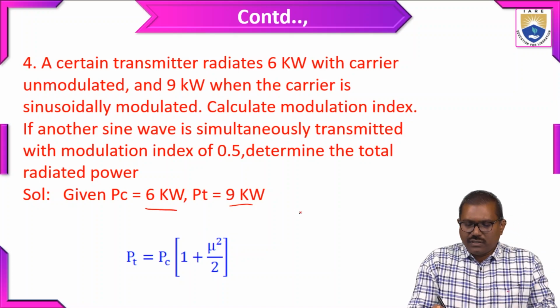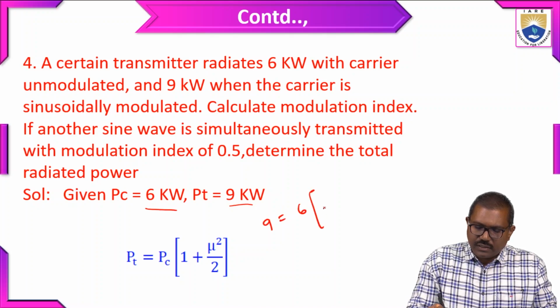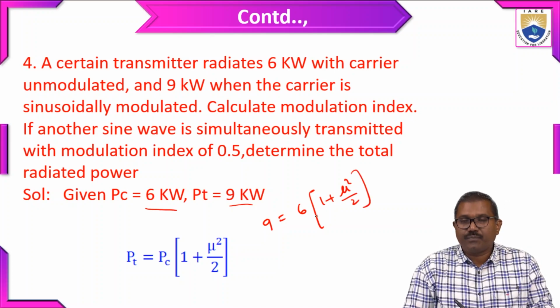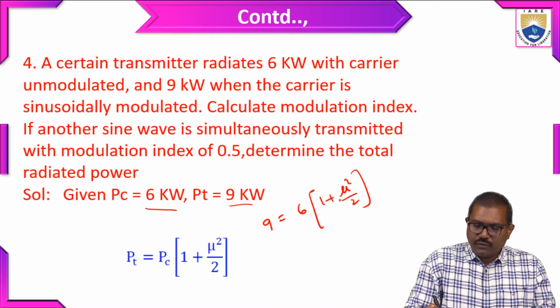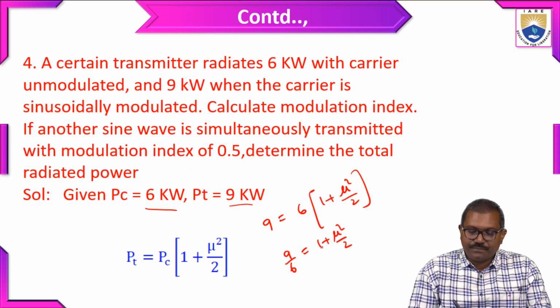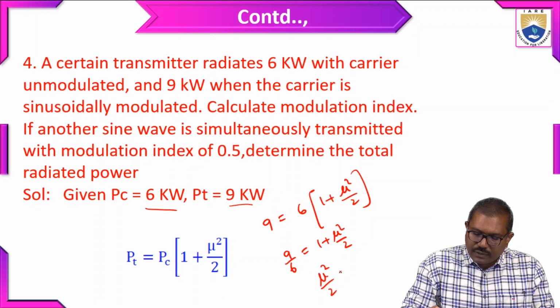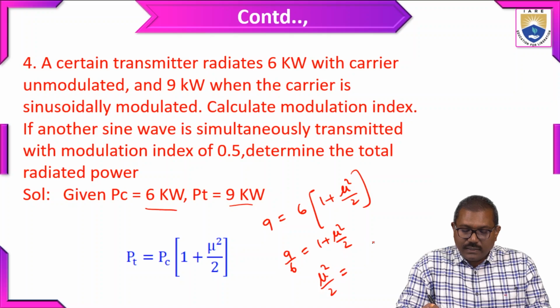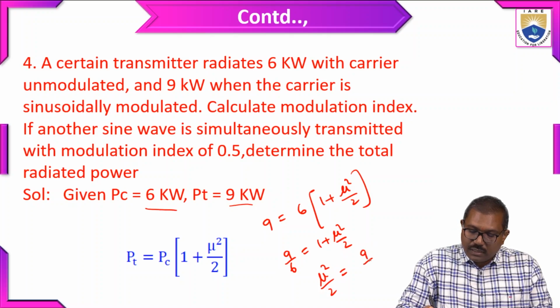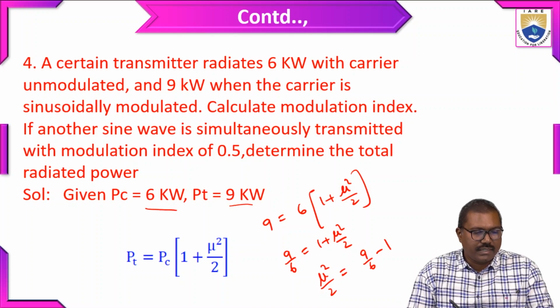What is the PT? PT is 9. PC is 6 into 1 plus mu square by 2. Okay. So I am going to find the mu value. So 9 by 6 is equal to 1 plus mu square by 2. So mu square by 2 is equal to 9 by 6 minus 1.